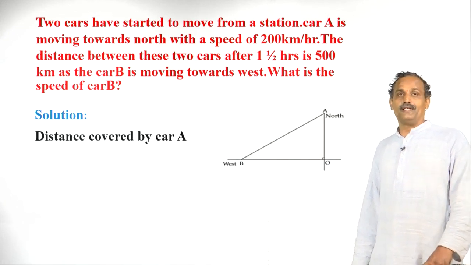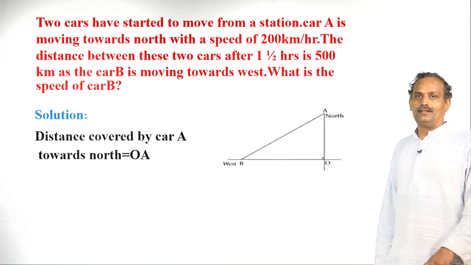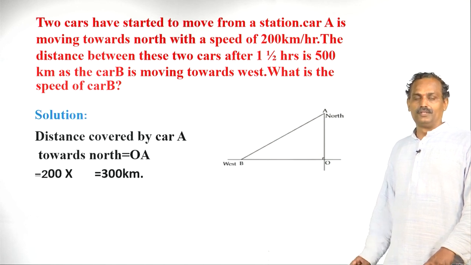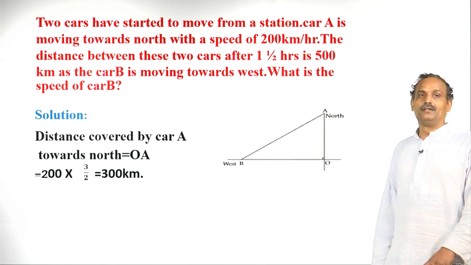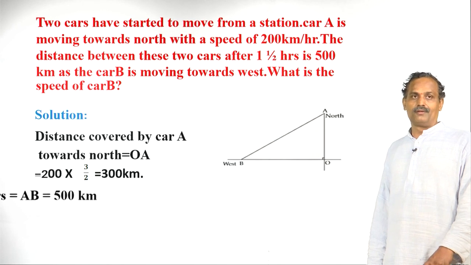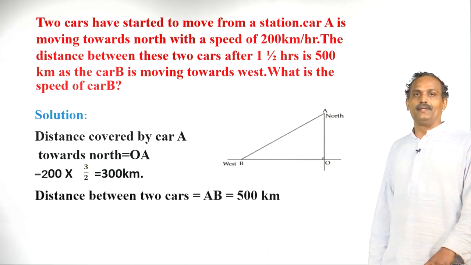The distance covered by car A towards north is OA. See the diagram. The speed is 200 multiplied by the time 1.5 hours, which is 3 by 2, giving 300 kilometers. The distance between the two cars, AB, is 500 kilometers, it is given.